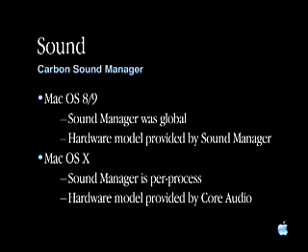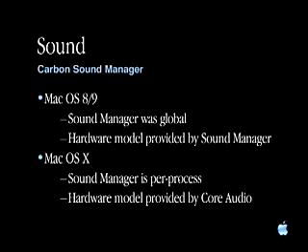For the really curious among you, there are some other changes under the hood between Mac OS 8 and 9 and Mac OS X that your app probably shouldn't care about, but I thought I'd mention them. On Mac OS 8 and 9, the Sound Manager was a big global thing, only one on the whole system, and the hardware model was provided by the Sound Manager itself.